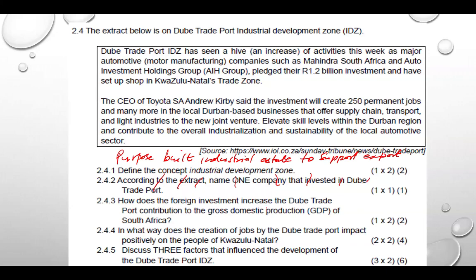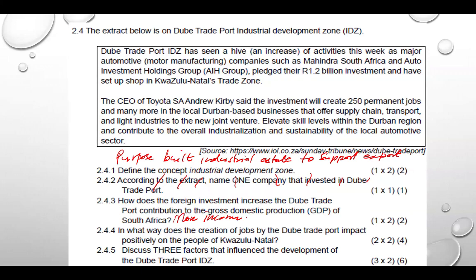How does the foreign investment increase the Dubai Trade Port contribution to the gross domestic product of South Africa? So it results in more income. How does it help?